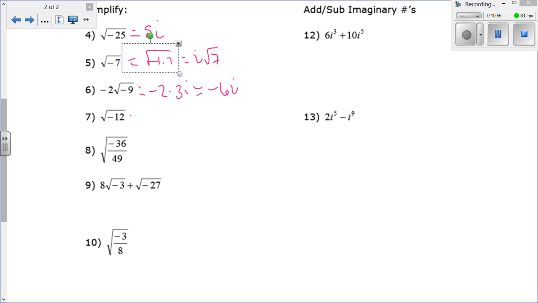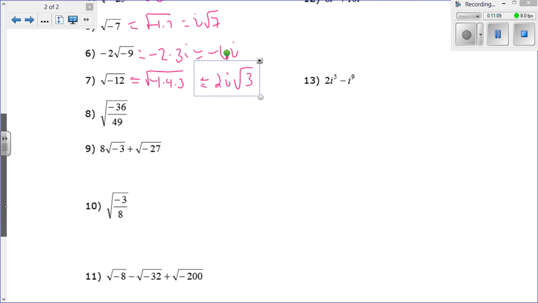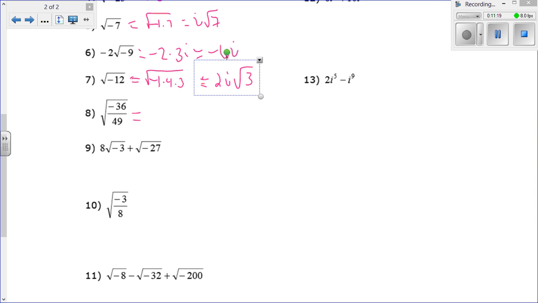For number 7, we break this down as negative 1 times 4 times 3, so we have 2i radical 3. For number 8, only one of them is negative, and we have negative 36 over 49. So this is going to be 6i over 7.